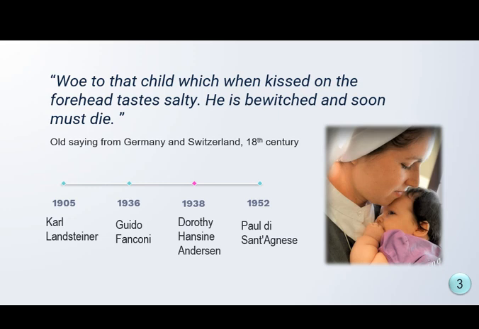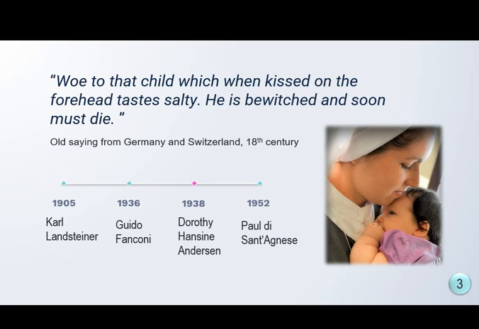In 1905, this doctor, Carl, identified that children with this disease are inherited. That means this is an inherited disease, that somebody in their family had the same disease.